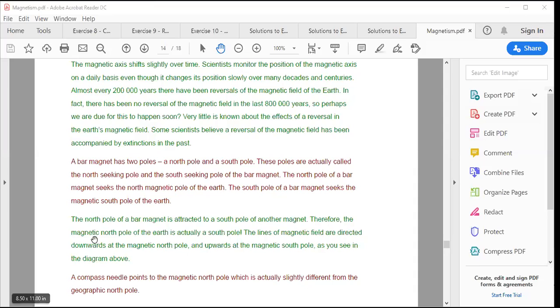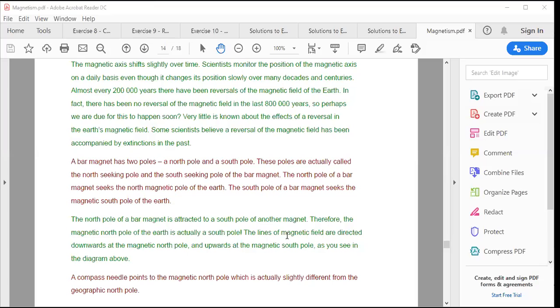So therefore, the magnetic north pole of the Earth is actually a south pole, because the north pole of the compass is going to be attracted to the south pole. So the south that we say is in the magnetic north, actually it's a south pole, because the north of the compass looks for the south pole of the Earth. Right, that's what the point is highlighting then.